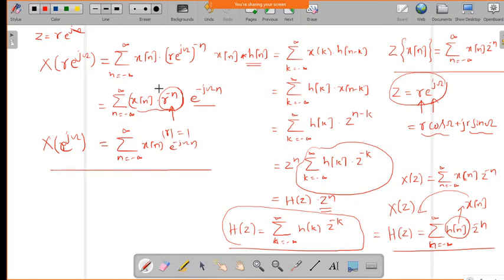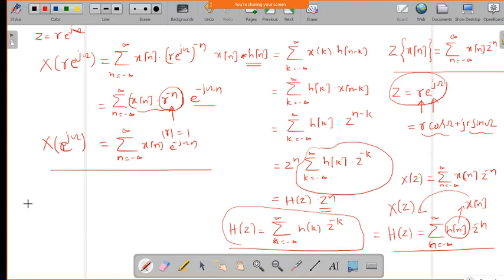So when we take the magnitude r in the z transform equal to 1, this r power n is a growing or decaying exponential with respect to the value of r and also the value of n. Now we know the discrete time Fourier transform of the signal, and we know the z transform of the signal x of n.